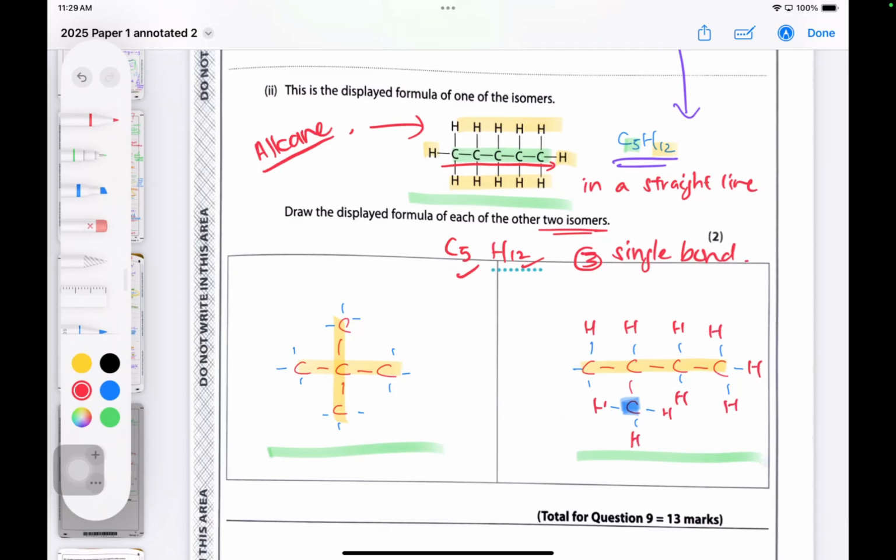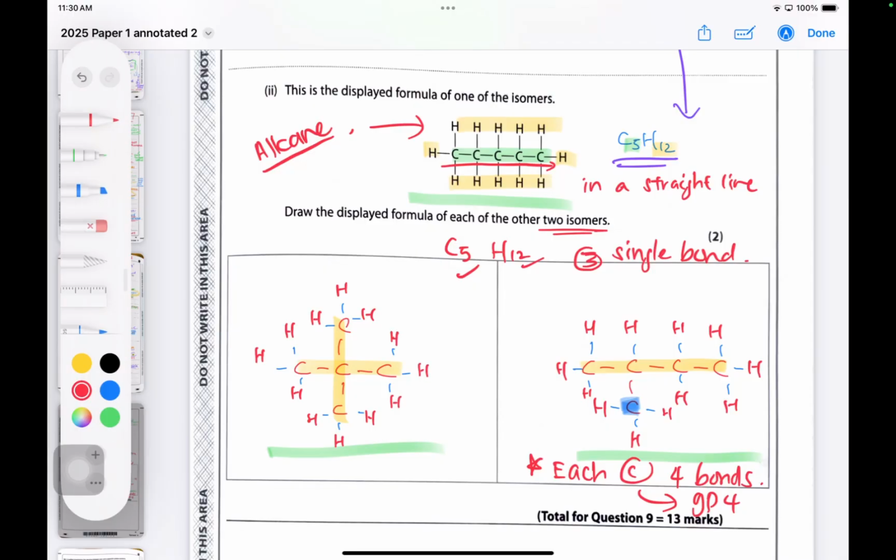Now, when it comes to drawing, things to take note is each carbon should only have 4 bonds. The reason for this is carbon belongs to group 4, so it can only bond with 4 other atoms. So similarly, if you were to draw out all the H's for the first isomer on the left hand side, you will also end up with only 12 hydrogen.